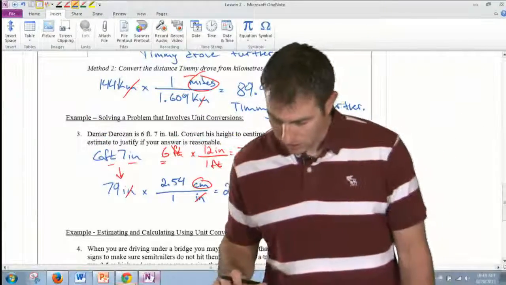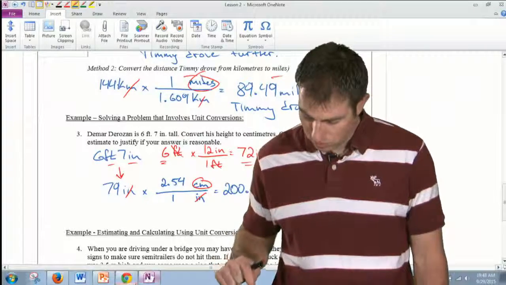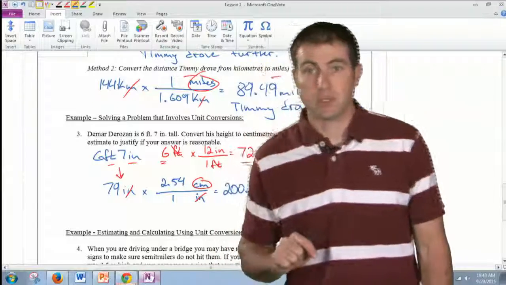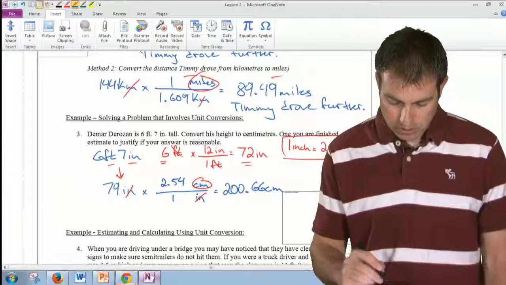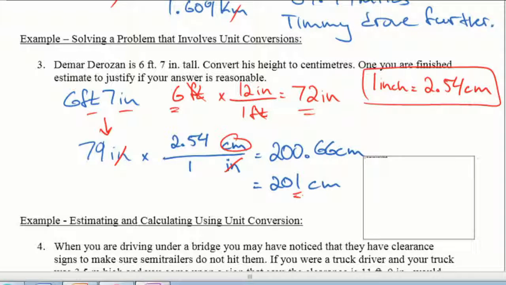Maybe I made a mistake. I'm going to double check mine. 79 times 2.54. I definitely get 200.66. That's all right, Damon. I'm going to convert it just to a whole centimeter, so it's going to be 201 centimeters if I round to the ones column here.